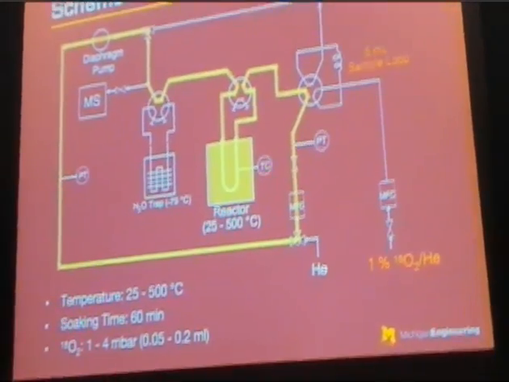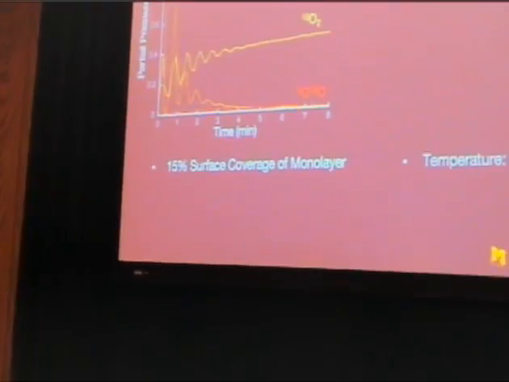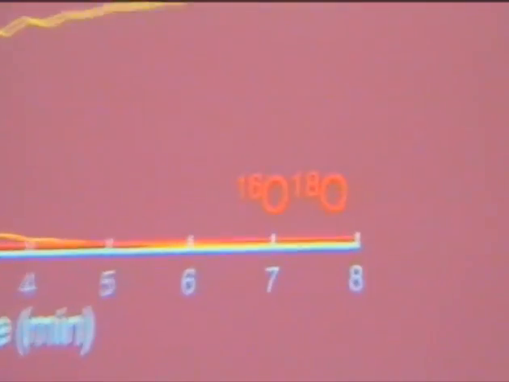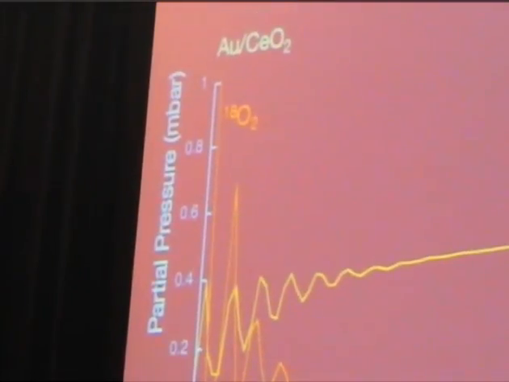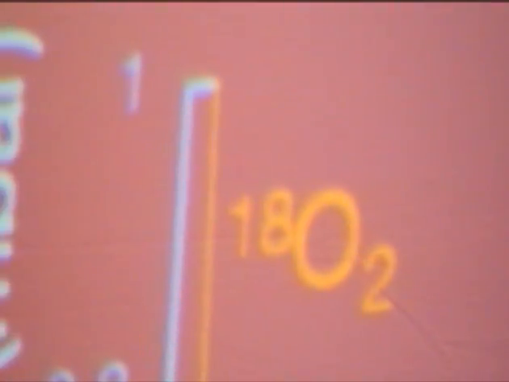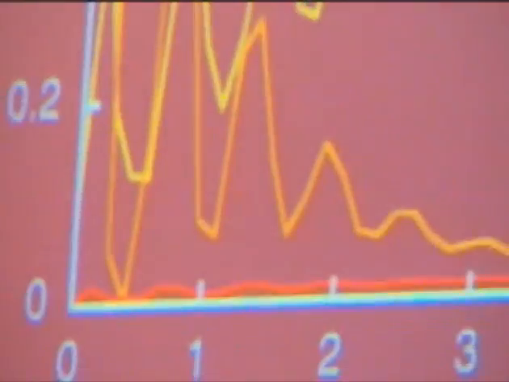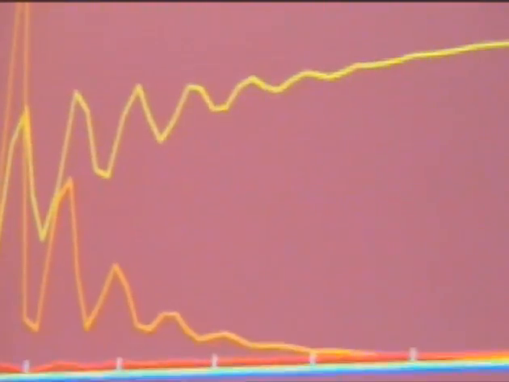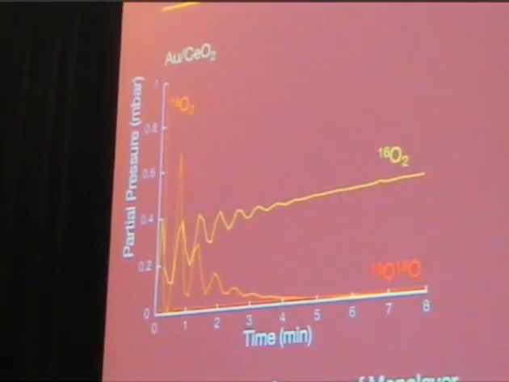So the first thing we performed was we injected 1 millibar of the oxygen 18 into the system. 1 millibar of the oxygen 18 corresponds to 15% surface coverage of the monolayer. And as you can see, the oxygen 18 is quickly adsorbed on the surface. And we observe the oscillation because we are recirculating the closed loop.